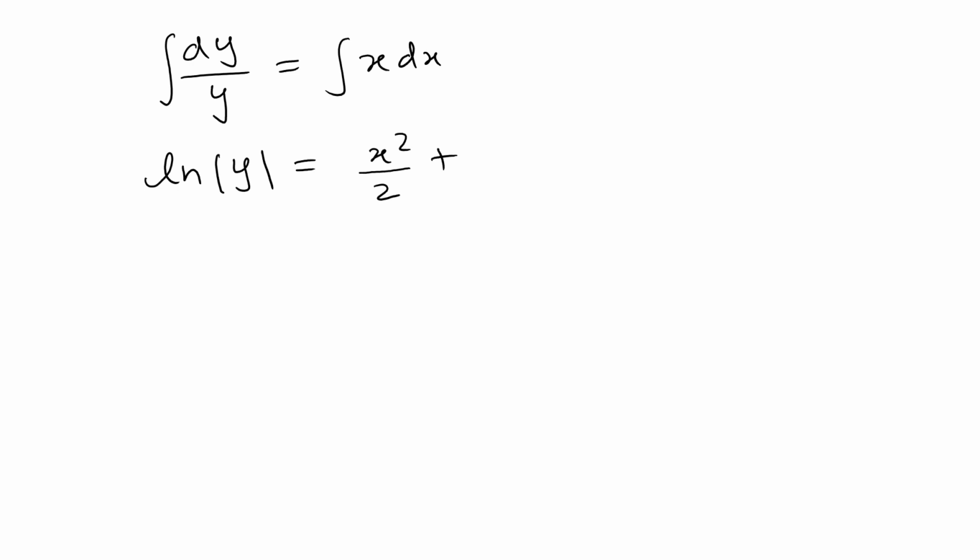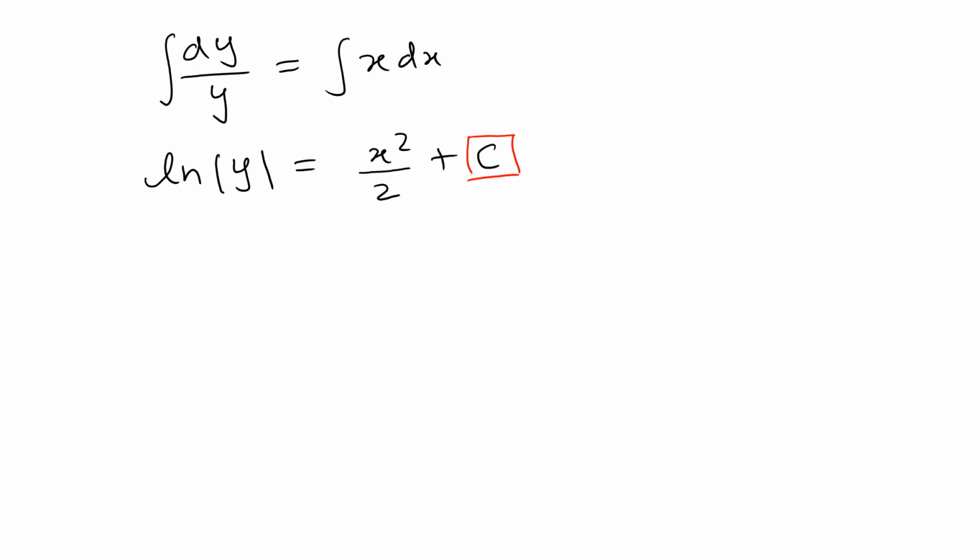Because of that, we only add a c to one side. You don't want to add c1 and c2. If you add c1 and c2, this c means c1 minus c2, or c2 minus c1.